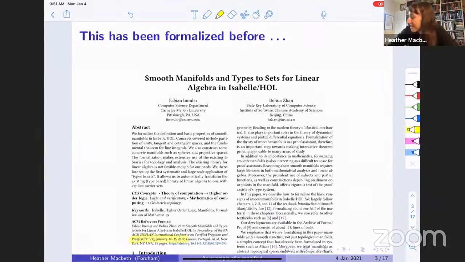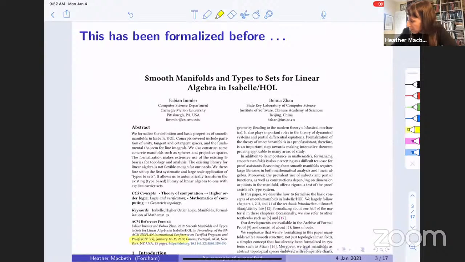Fun fact, Bohua and I went to graduate school together when he was a low-dimensional topologist before he switched focus. So their project came out a couple of years ago, and as one of the things they did to test the scope of their library, they also formalized the sphere. So this is new to Lean, but it's not new to formalization.